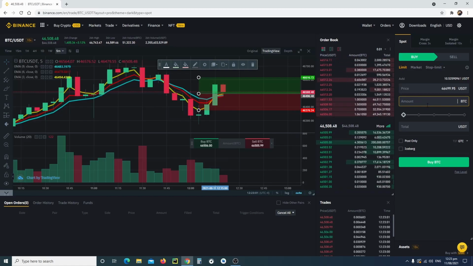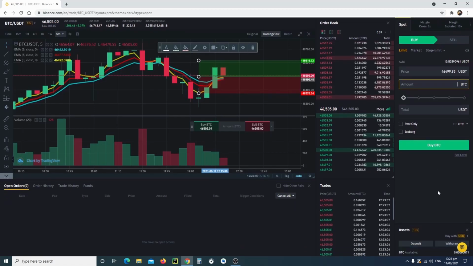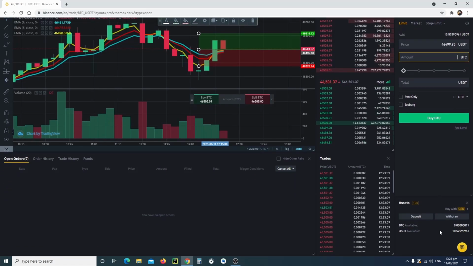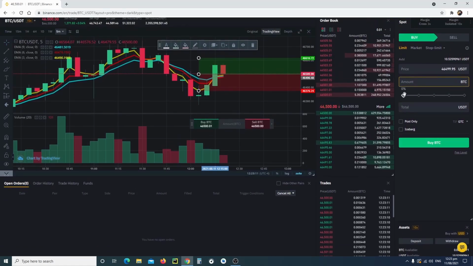Or if I want to enter the USDT value, I can put it in here. Also, providing you have some USDT, you'll see it at the bottom for your assets, and you could put the percentage that you want to use, whether it be 100%. The minimum that you could trade is $10 USDT.